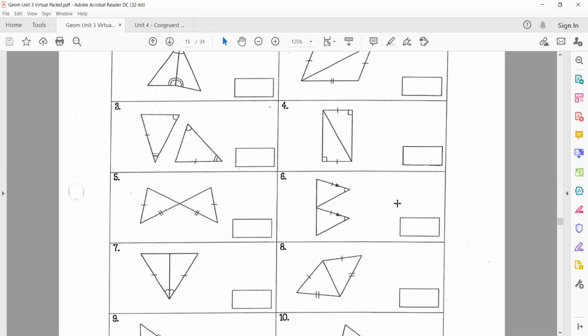What does it mean when we have those extra little arrowheads in the middle of our line somewhere? And we got one in each triangle. What does that tell you about those two sides? That it extends indefinitely.